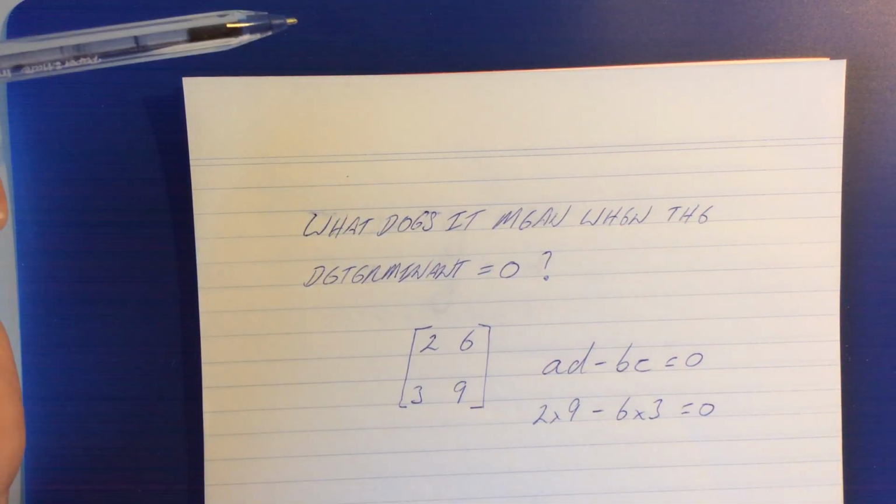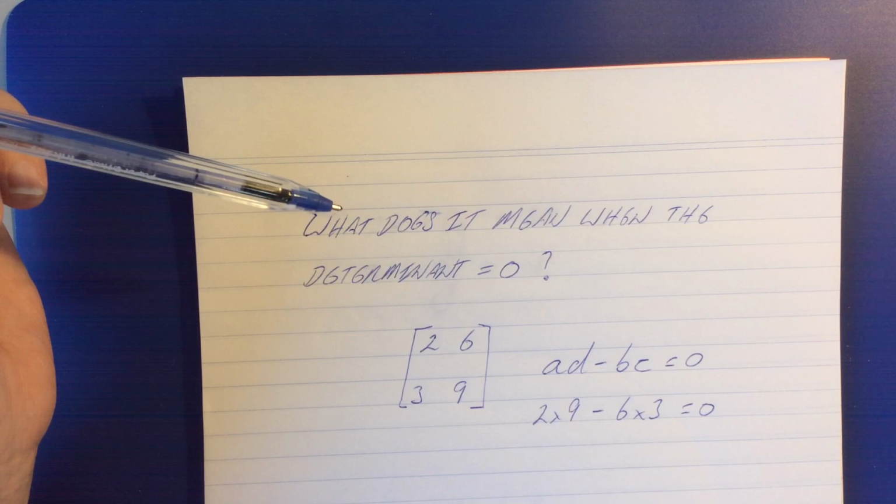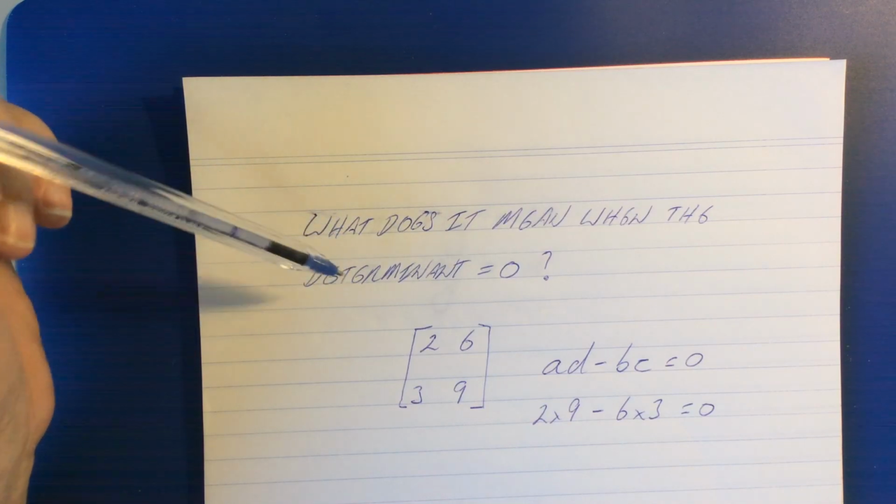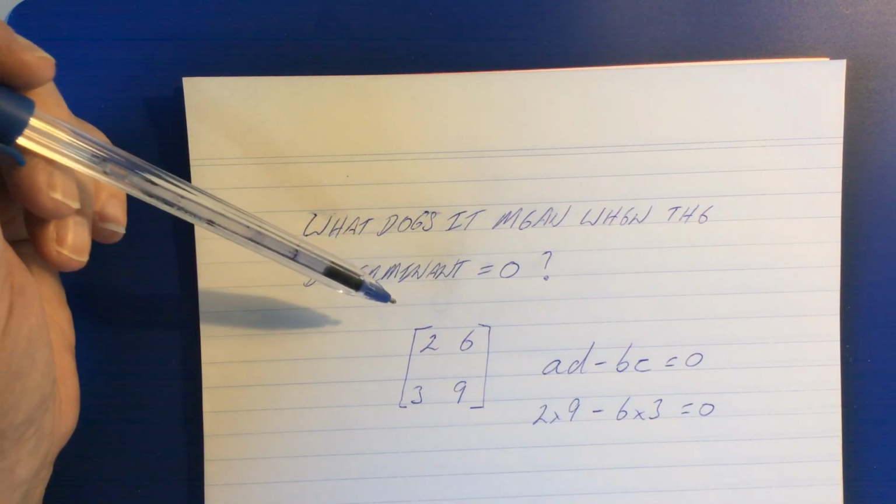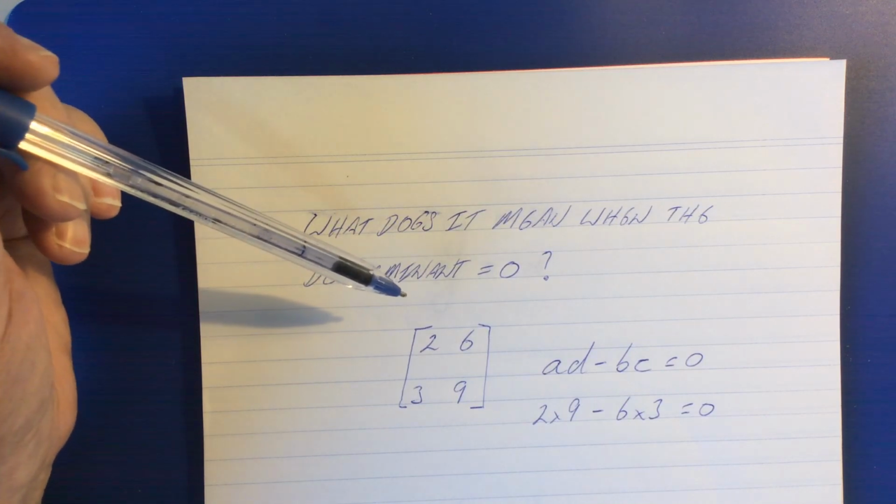Well, when we go looking to create an inverse matrix, the first thing that we have to do is calculate a thing called a determinant.